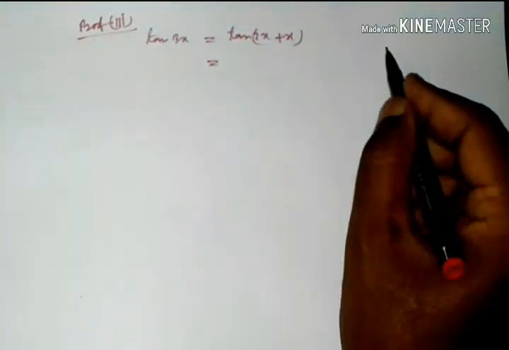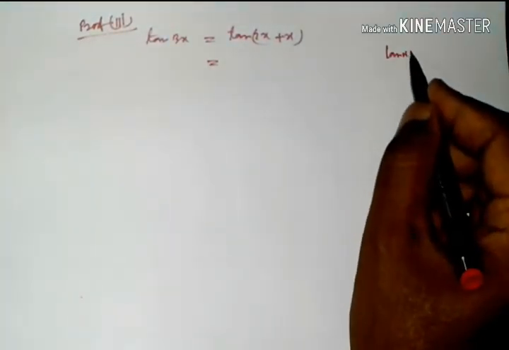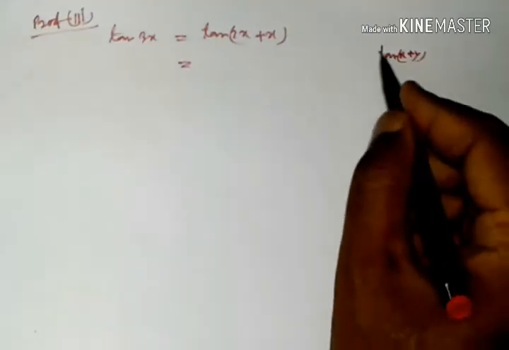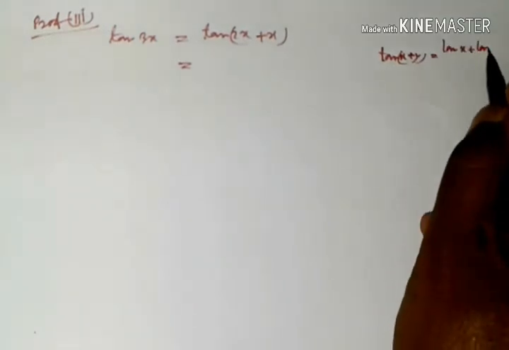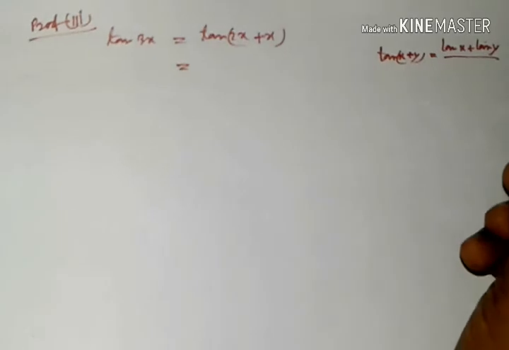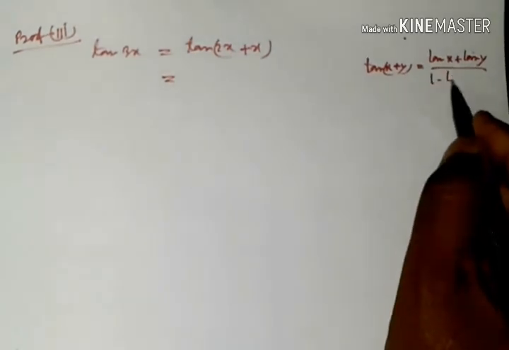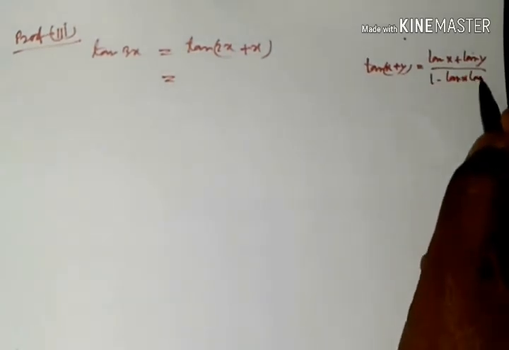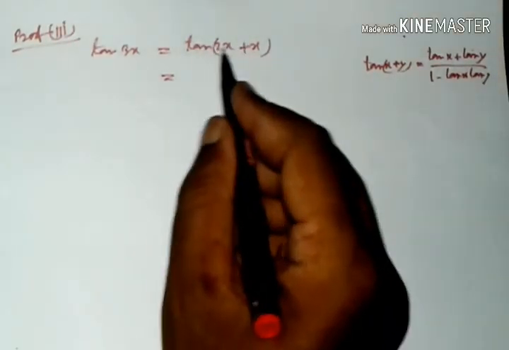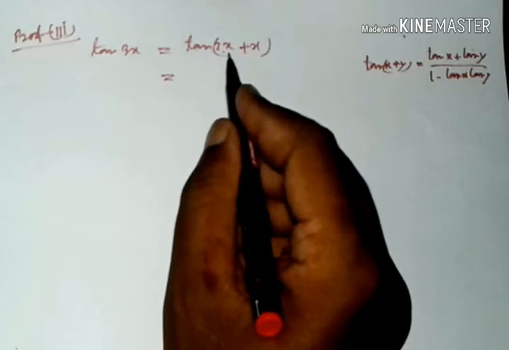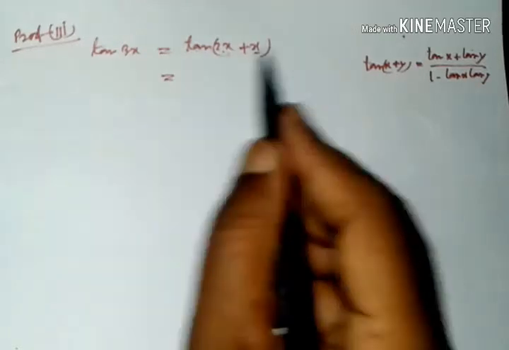We have got earlier the formula for tan of x plus y: what is the formula? It is tan x plus tan y divided by 1 minus tan x tan y. Now we consider 2x as x and x as y.